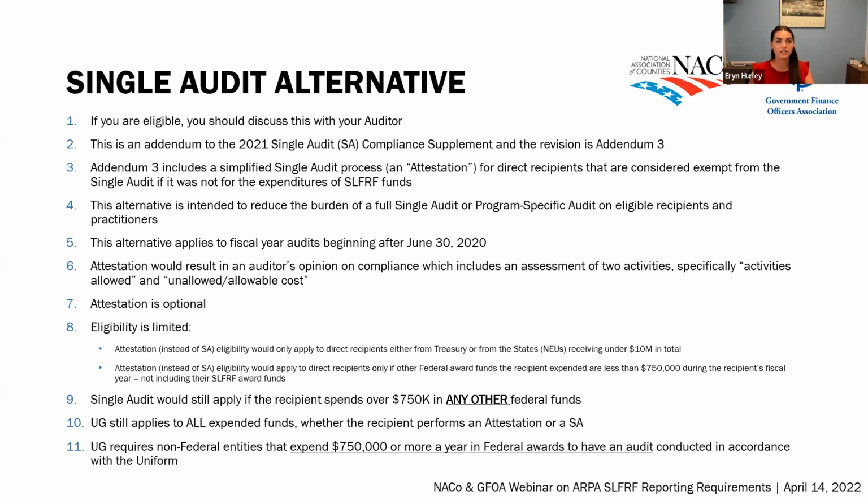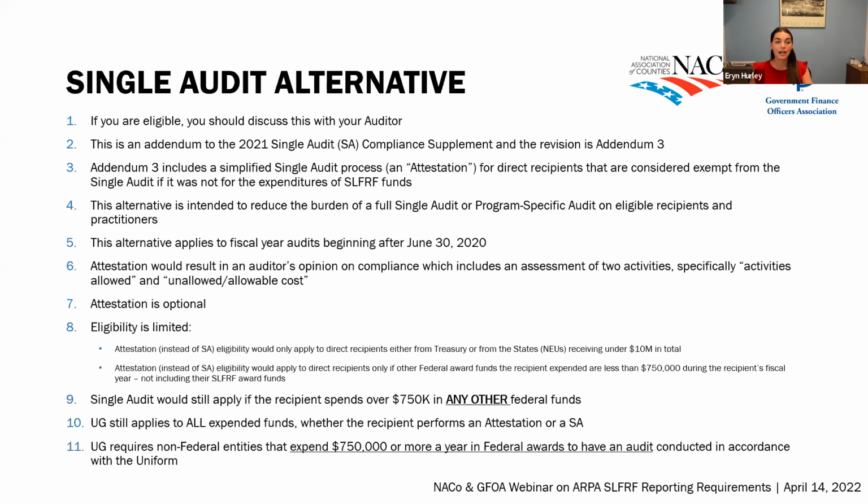It's an addendum to the 2021 Single Audit Compliance Supplement, and the title of it is Addendum 3. What it includes is a more simplified process to the single audit. It's referred to as an attestation for those direct recipients.